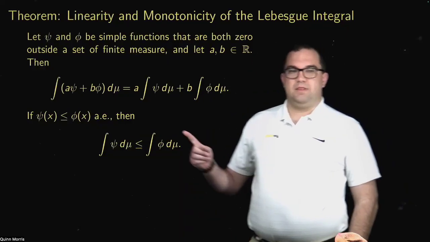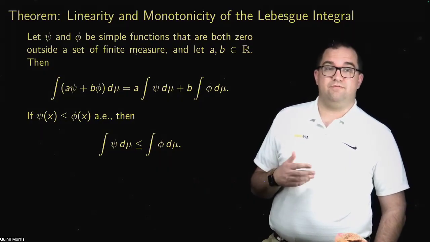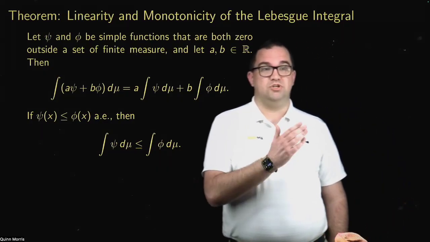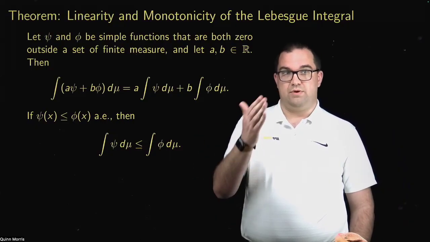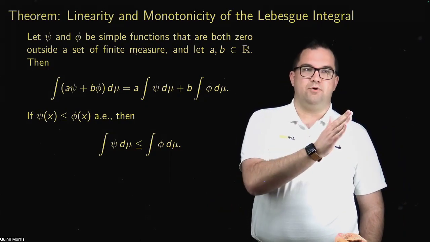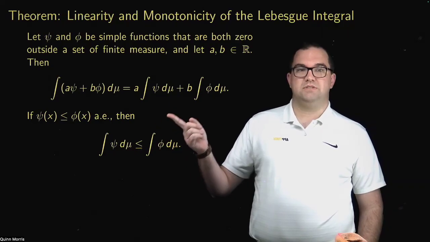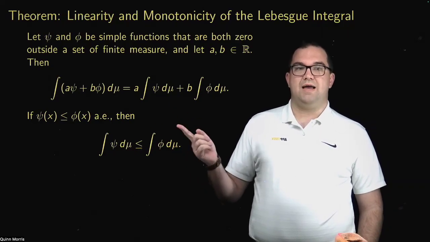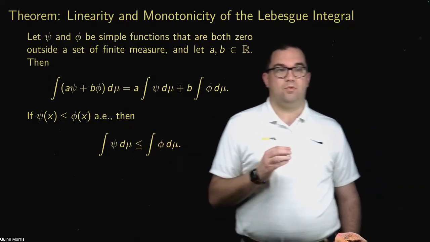The second property we'd like to show, and again, we have this for Riemann integrals too: if f is less than or equal to g, then the Riemann integral of f will be less than or equal to the Riemann integral of g, if f and g are both Riemann integrable. Here, if we have simple functions psi and phi, with psi less than or equal to phi almost everywhere, let's remember what that means.